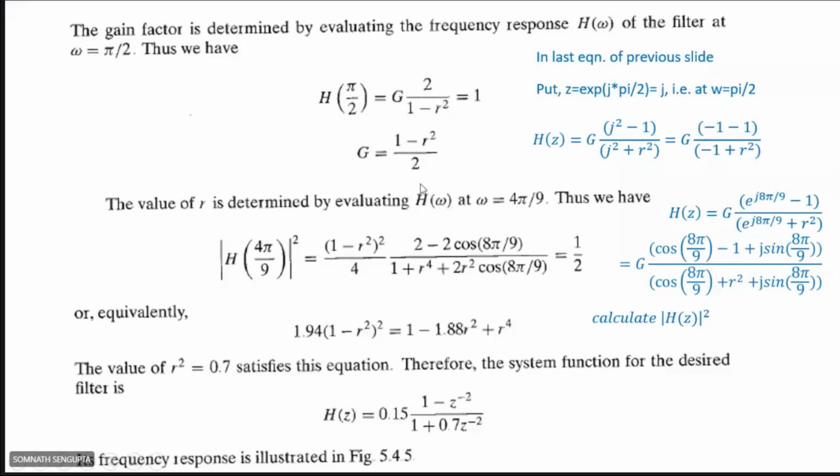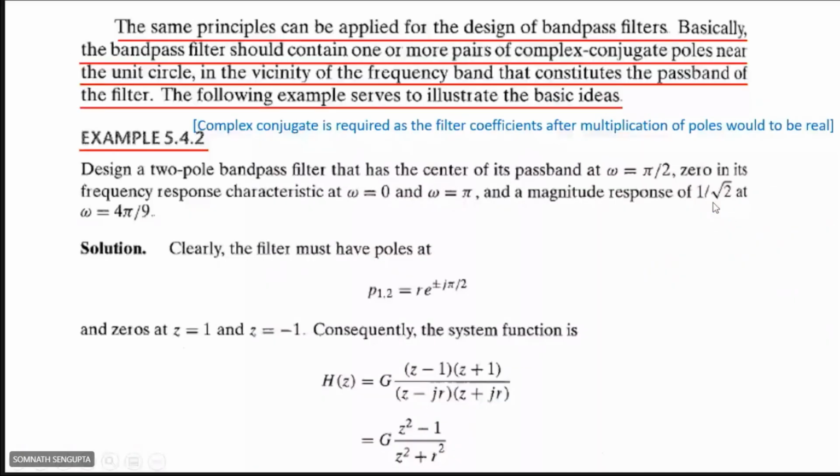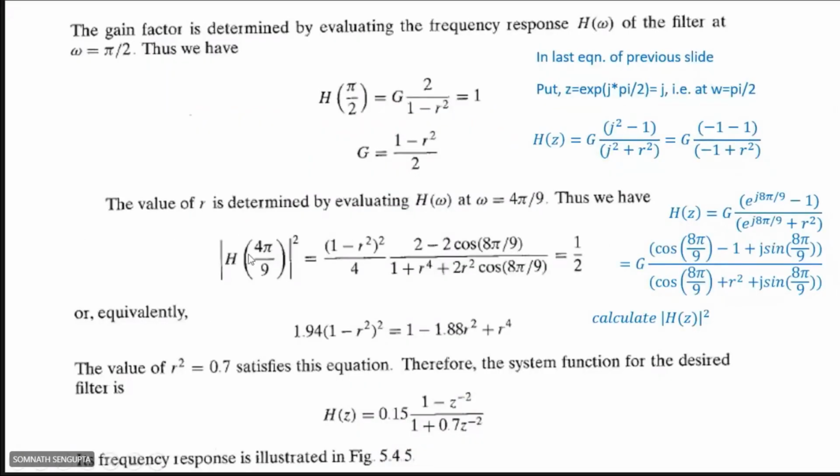Now another condition is that at omega is equal to 4 pi by 9, the gain should be 1 by 2, the magnitude square gain. So if we take the magnitude square, 1 by root 2 squared will be half. So it becomes half when the frequency is 4 pi by 9.